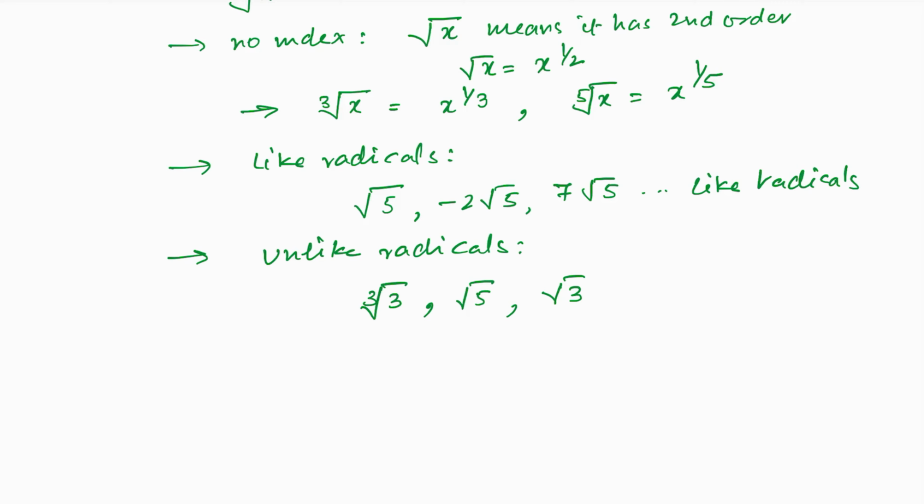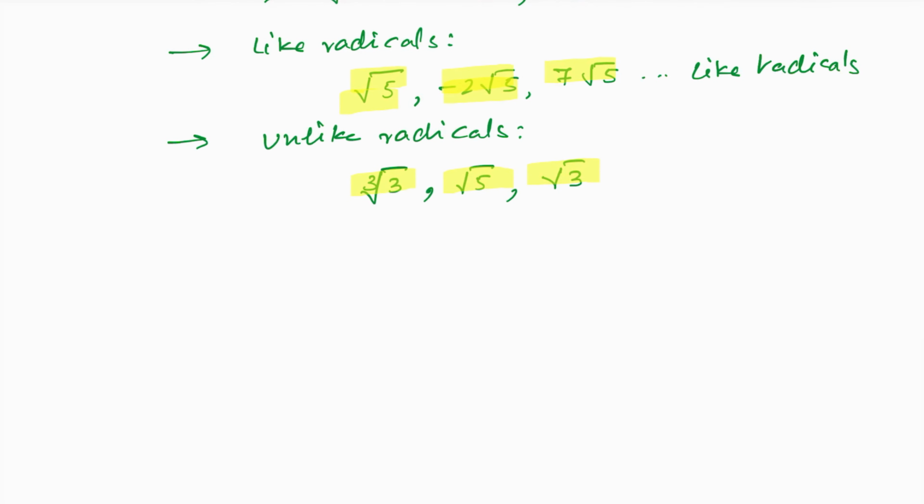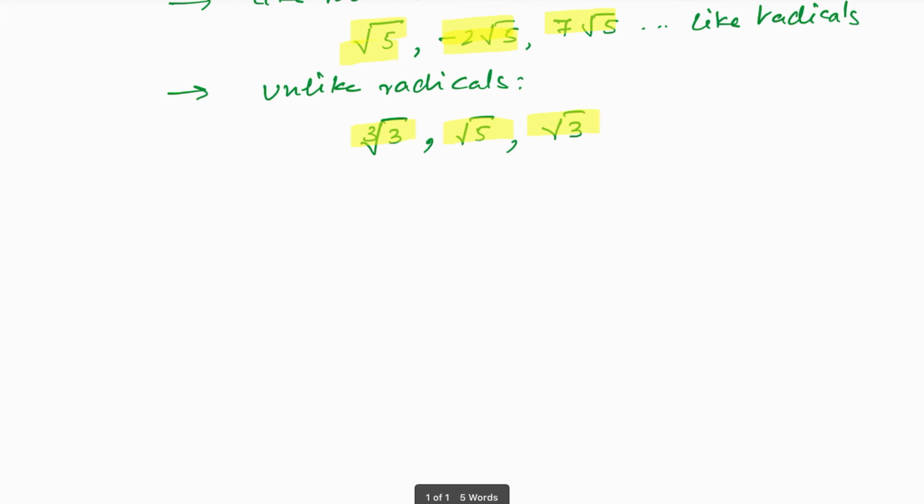These are all unlike radicals because the radicand is different, and the order is different in these two, so they are totally different. The major thing is that I can combine like radicals together, but unlike radicals cannot be combined. That's the major difference.